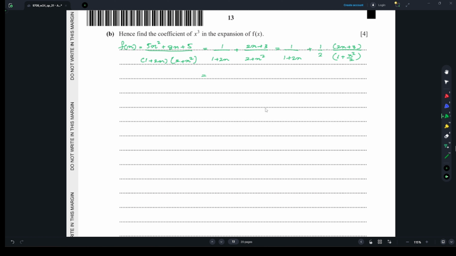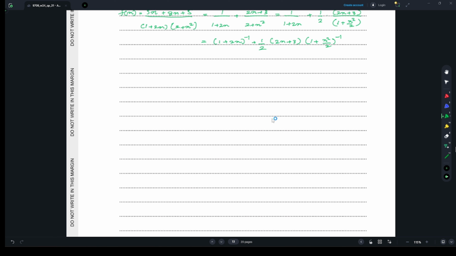So we have 1 over 1 plus 2x, so I will bring it as 1 plus 2x to the power minus 1, plus here I have minus, half. We have already 2x plus 3. And I will bring the other one, so 1 plus x squared over 2 to the power minus 1.